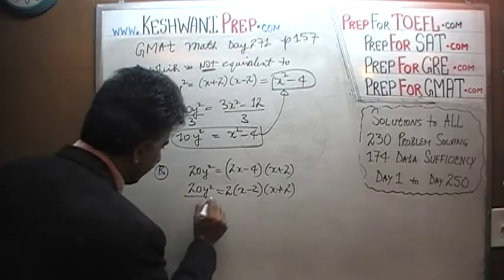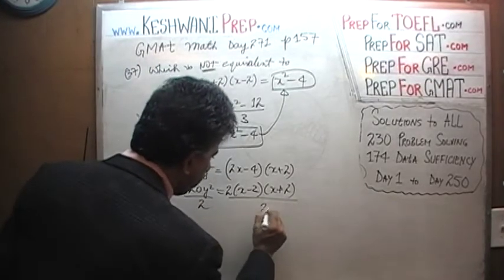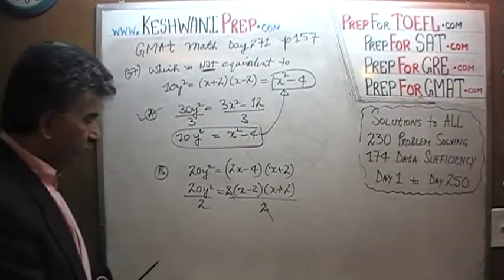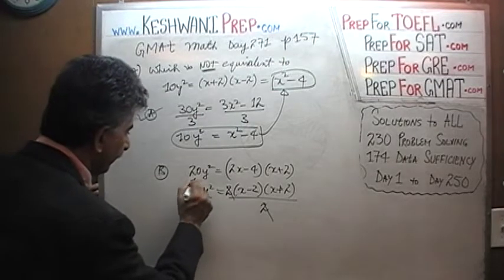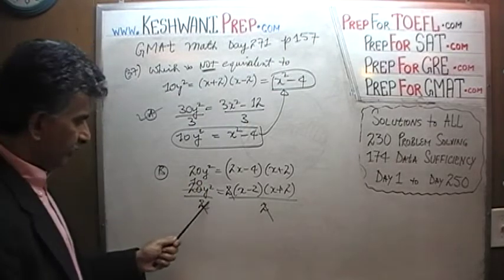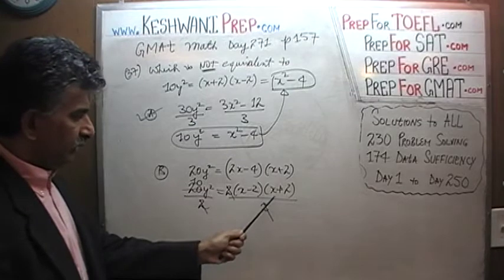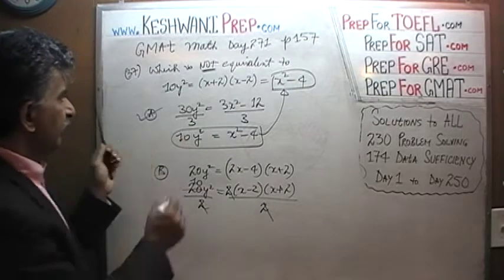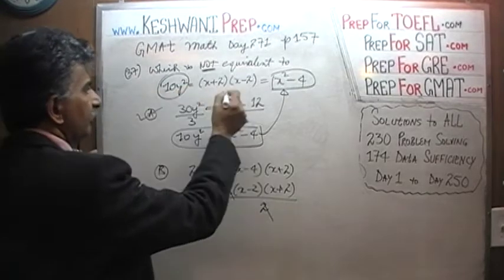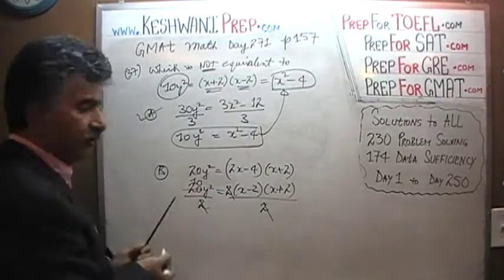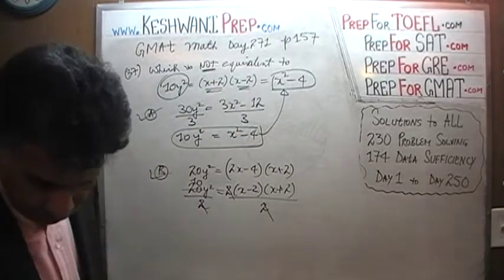If we divide both sides of the equation by 2, we'll see that 2 cancels out, and we end up with 10y squared equals x minus 2 times x plus 2, which is exactly what we have here. So this is fine. Let's look at C.